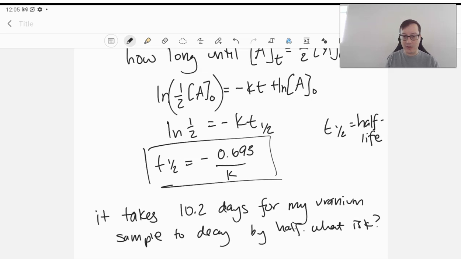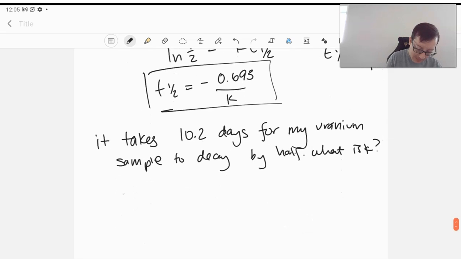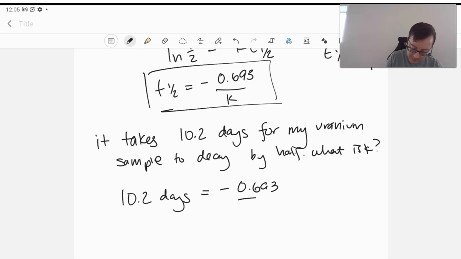If it's 10.2 days, that's our half-life, so we simply need to plug that in. 10.2 days is equal to negative 0.693 over k. If we switch things around, we get 0.693 divided by 10.2.